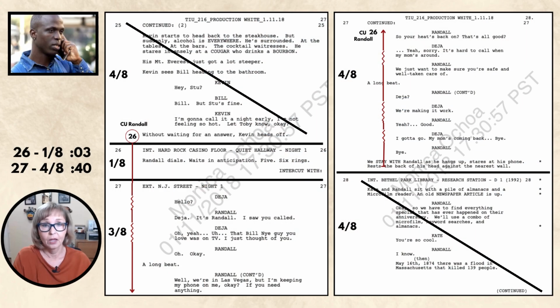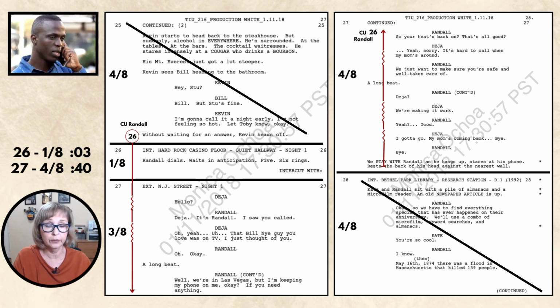Now I'm going to walk you through how to line a script when you're doing a voiceover. This is from a show that I just finished, my last show actually, This Is Us, and this is a conversation between Deja and Randall. Here we are in the scene we're going to be shooting, and the first shot is of Randall, scene 26.